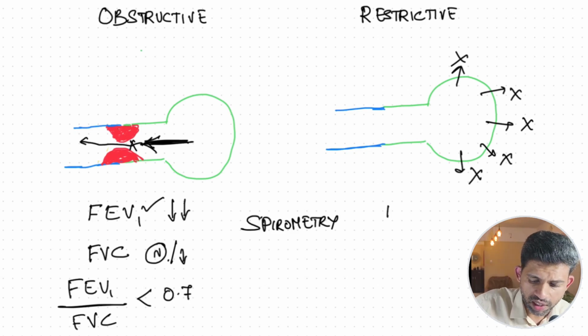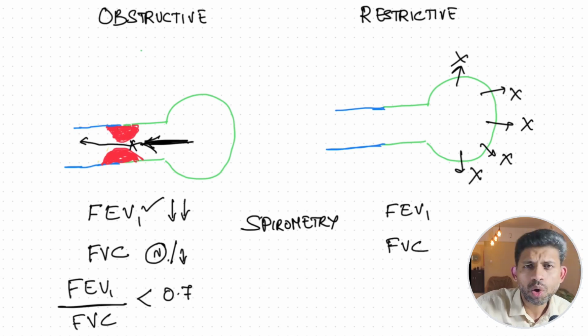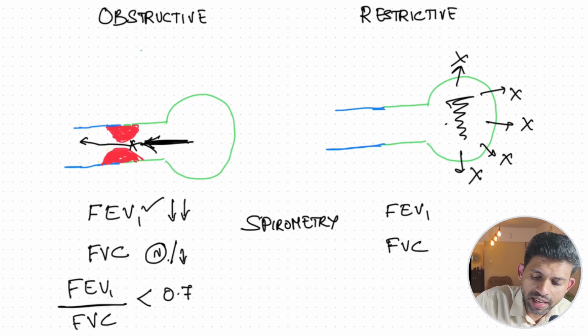Coming to restrictive lung disease, what do you think will happen to FEV1 and forced vital capacity? The overall air inside the lung is less when compared to obstructive lung disease. So, since the volume of air inside the lung is less, naturally, forced expiratory volume would be less because less air is going out.